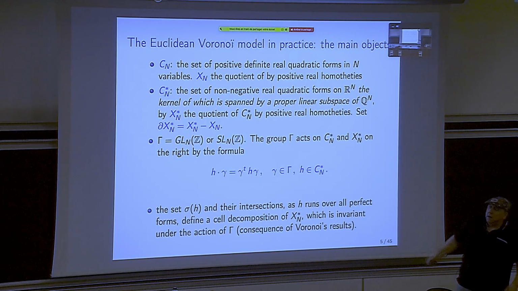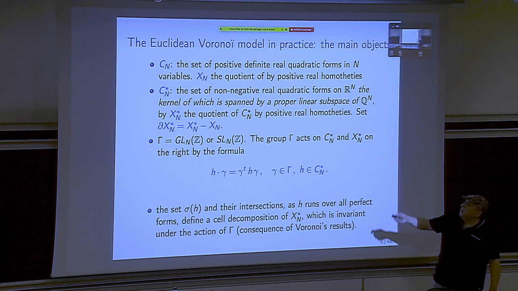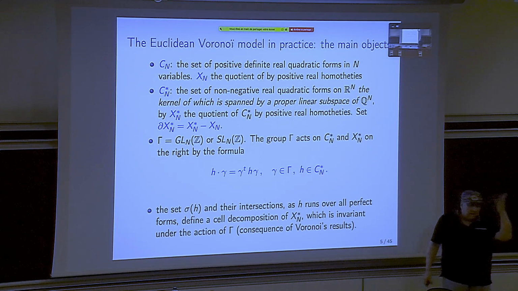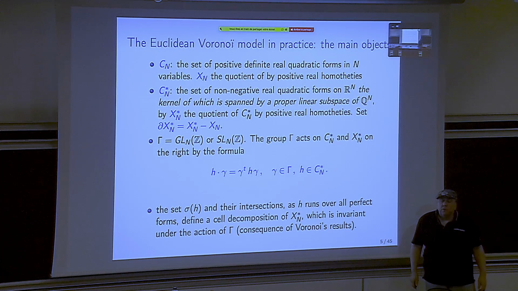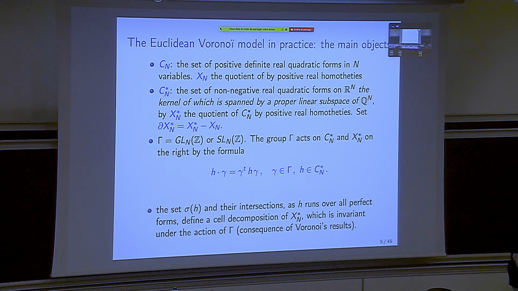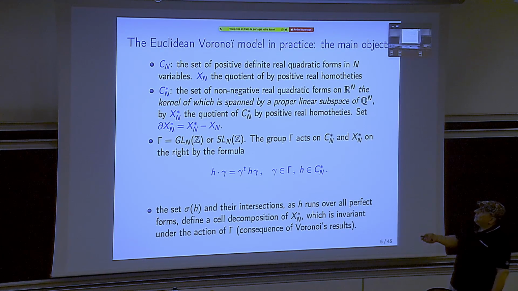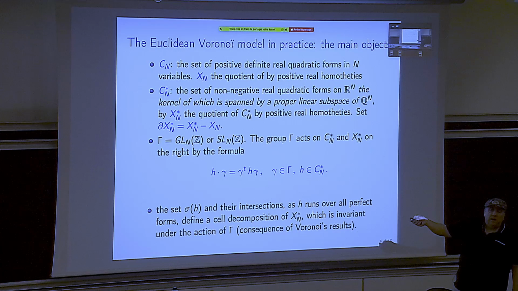Here, of course, when n equals 2, you have a nice decomposition, and even in the case of, let's say, number rings, because it's just Bianchi groups. So you do not need to use this model. And for n equals 3, in the case of SL3Z, you have a model as proposed by Soule, which is very clever. So again, you do not require the Voronoi model at this level.